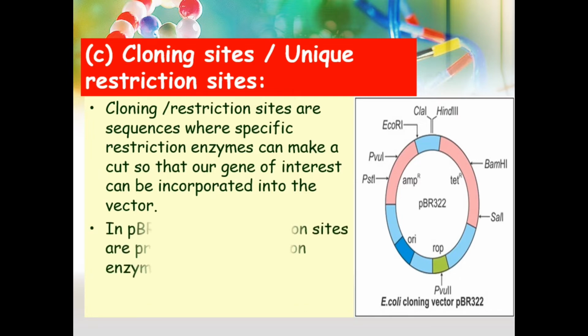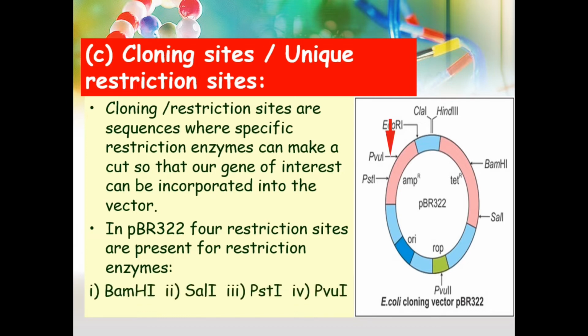In PBR322, in the ampicillin resistant gene, we have two restriction sites, PvuI and PstI. Whereas in the tetracycline resistant gene, there are restriction sites for the enzymes BamHI and SalI. Cloning sites are very important because it is the place where we introduce our gene of interest.